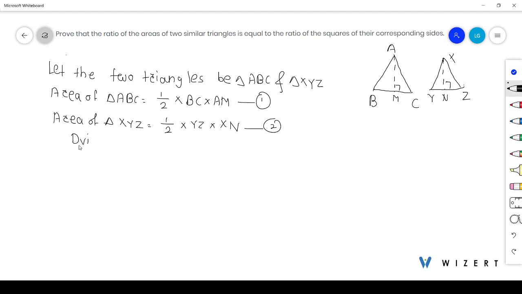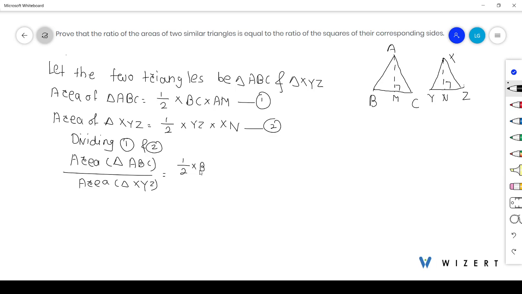Now, dividing 1 by 2, we get area of triangle ABC divided by area of triangle XYZ equals 1/2 BC into AM divided by 1/2 YZ into XN.